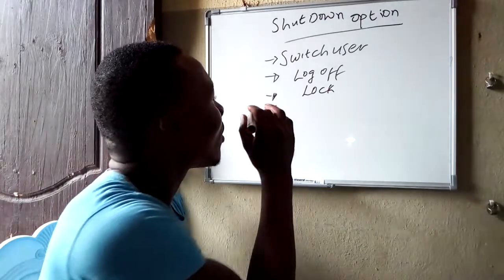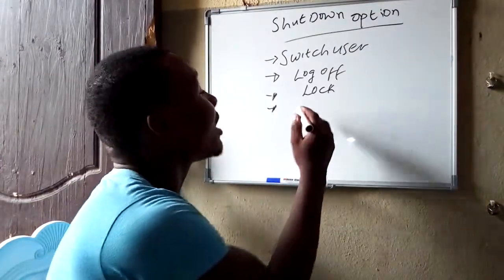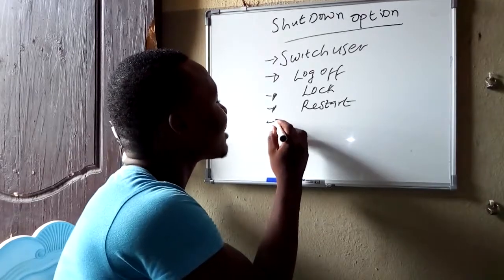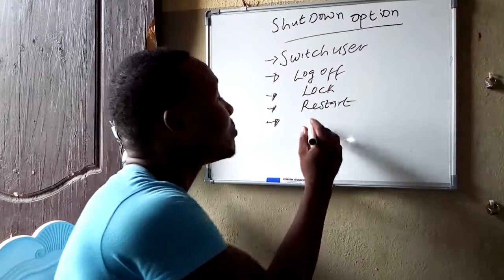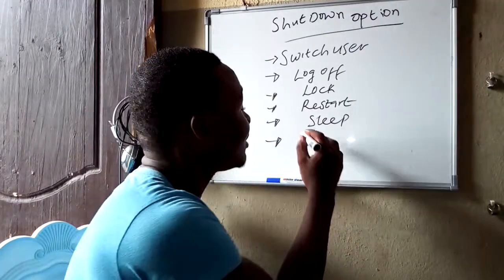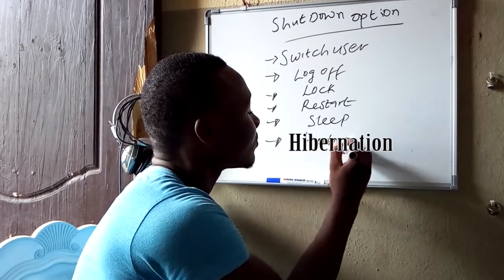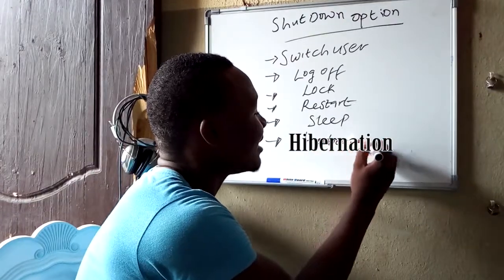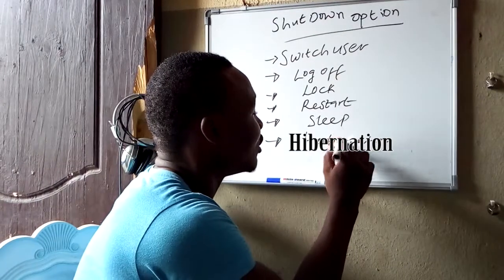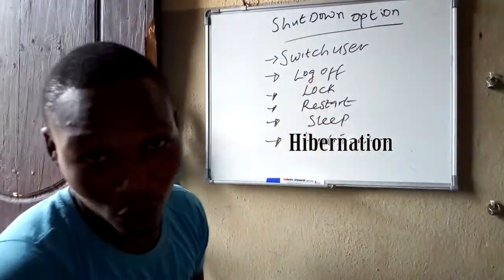Number four, after the lock, I think we have the restart. After the restart, we have the sleep mode. After the sleep mode, you will see the hibernation. You'll see these options.